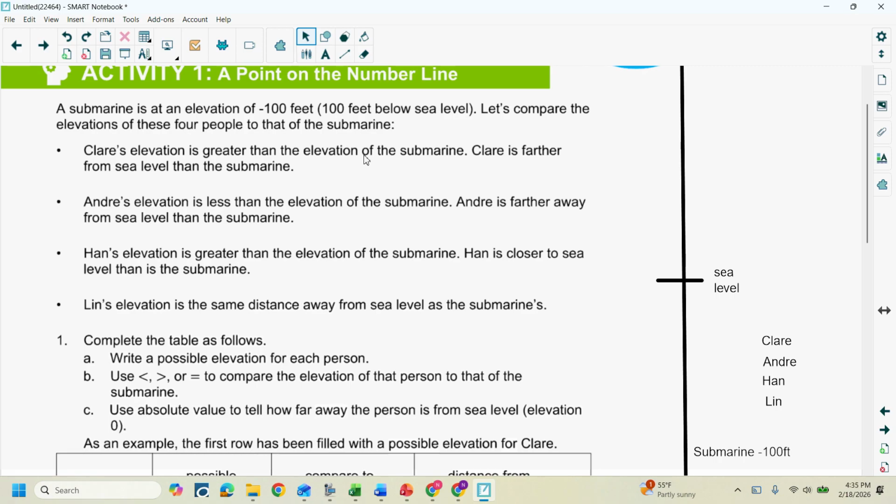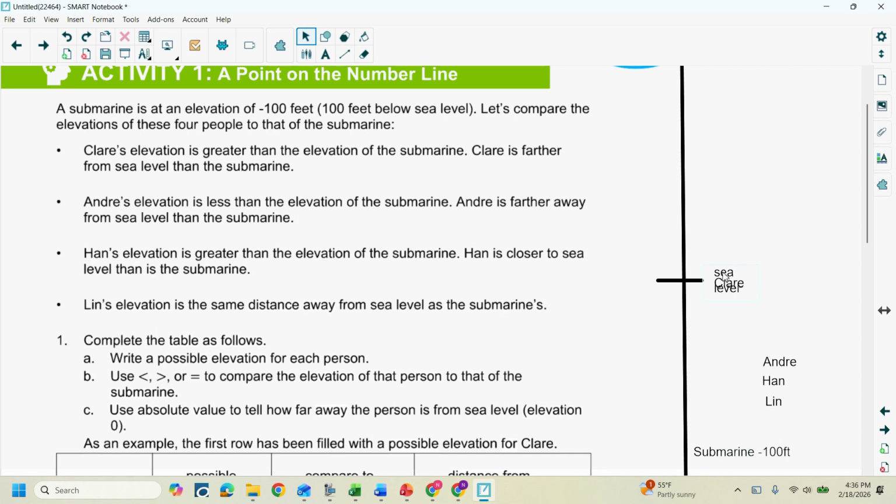So her elevation is greater than the elevation of the submarine, and she is farther from sea level than the submarine. So since she is greater than the sub depth, then she's got to be above the sub.